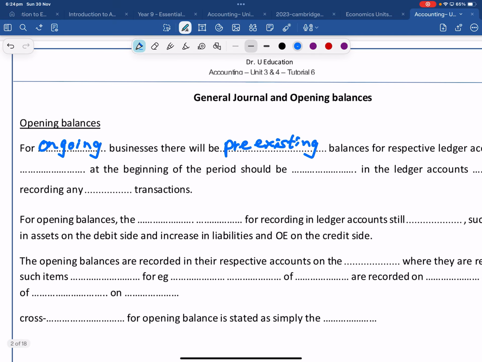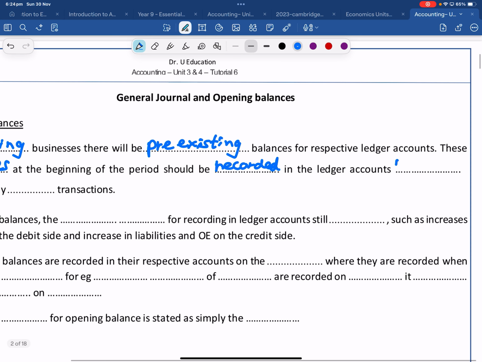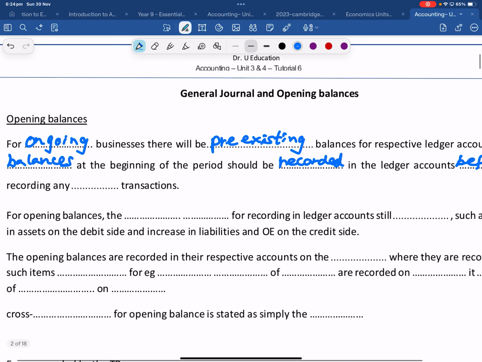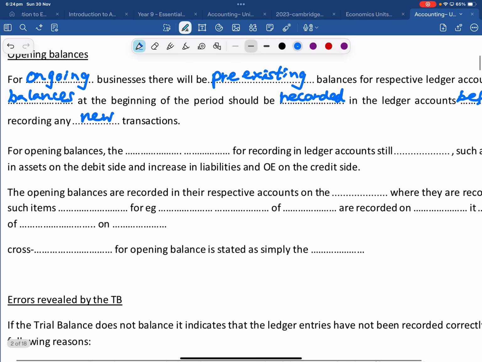These balances at the beginning of the period should be recorded in the ledger accounts before recording any new transactions.